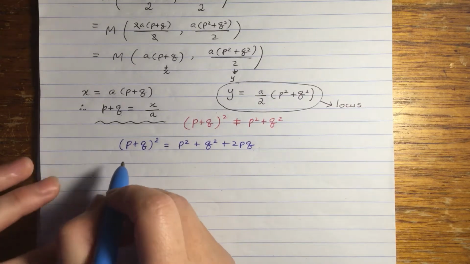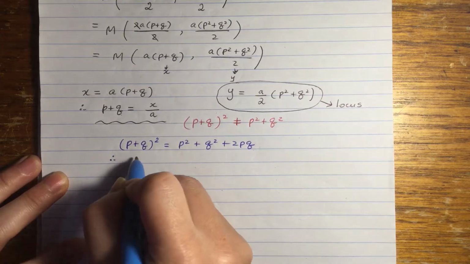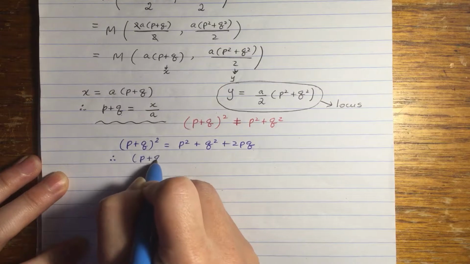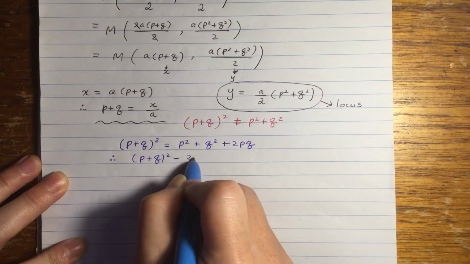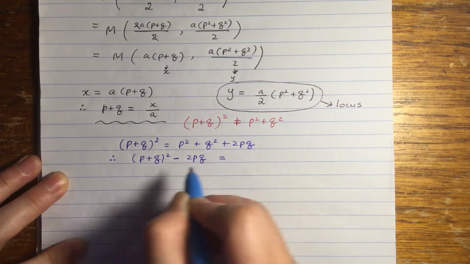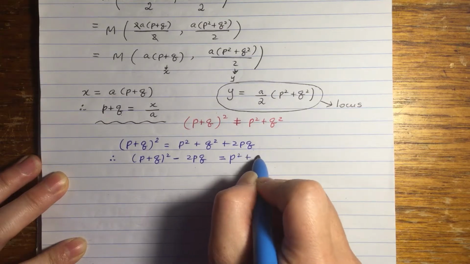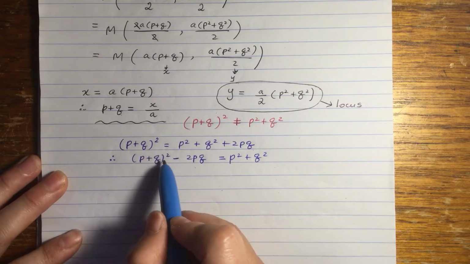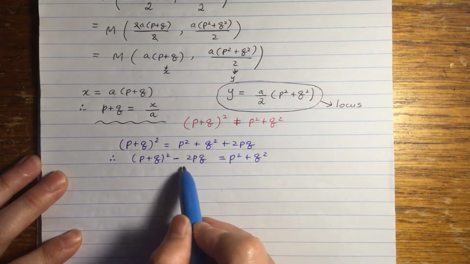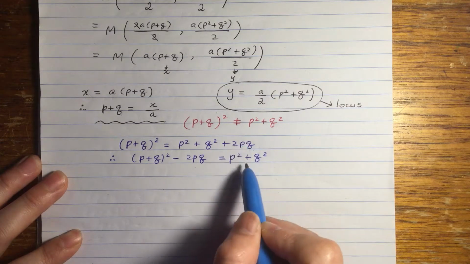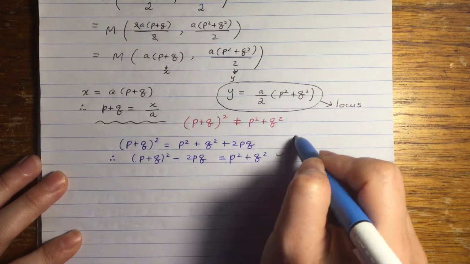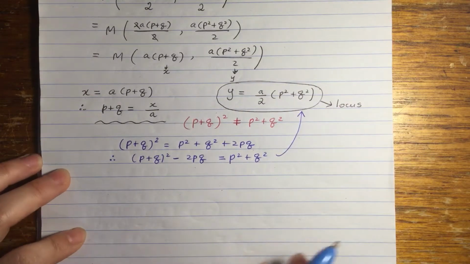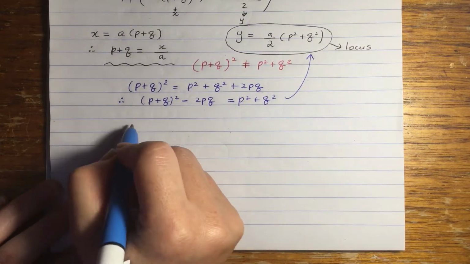So therefore I can say p plus q squared minus 2pq will be exactly the same as p squared plus q squared. Do you get it? Because the whole thing was this, and I'm just taking this one out, and then I'm left with this. And now I can put that in there.